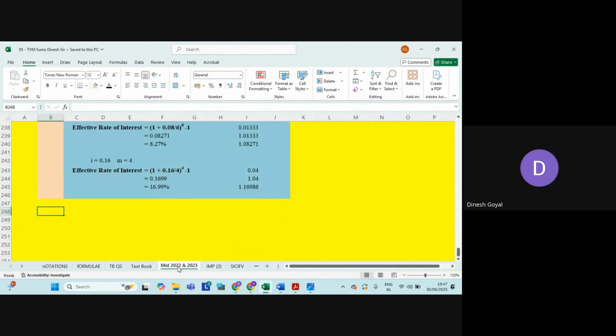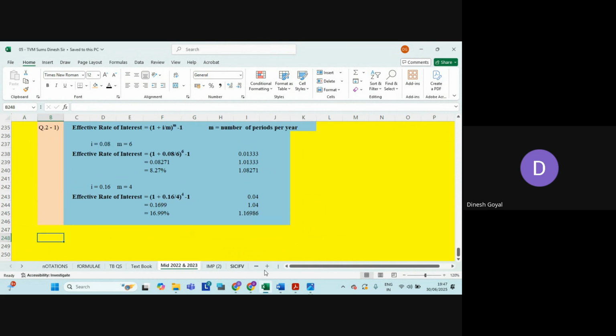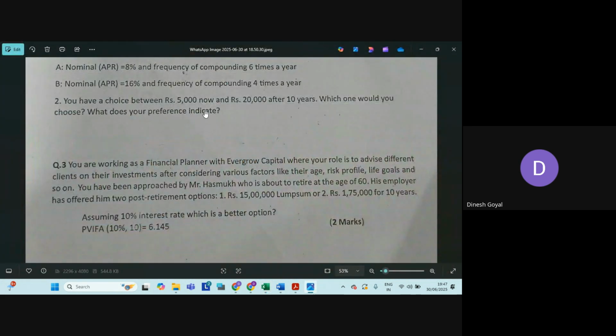So जब भी ऐसे option वाला आएगा तो find the present value of all the options, and if rate of interest is not given, then just calculate what is the rate of interest, and if the rate of interest is satisfactory, then you can say I will choose this 20,000, and if the rate of interest is very less, then you can say 5,000.